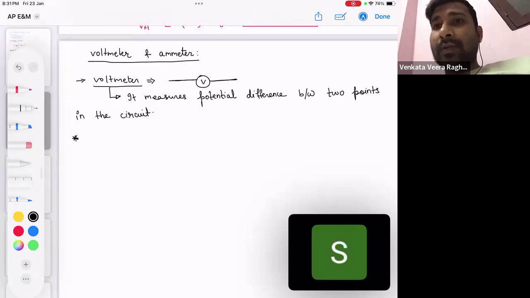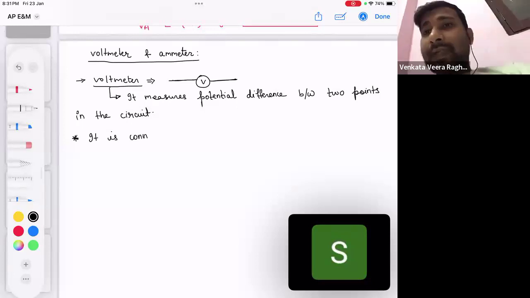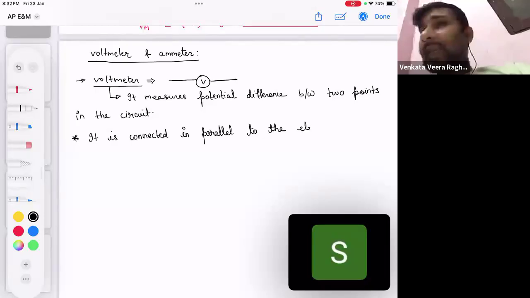Understood? So how is it connected? It is connected in parallel to the element. The element can be anything. It can be a resistor, a battery, an inductor or a capacitor.